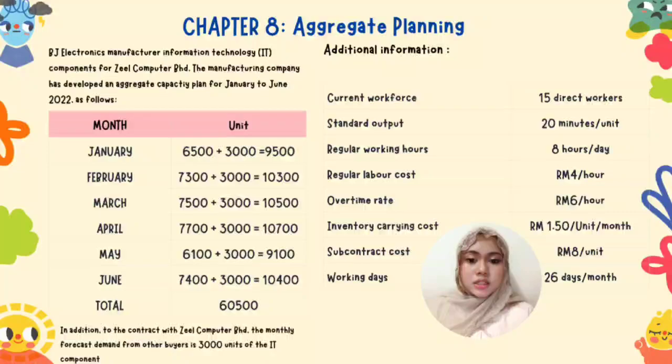The original amount for January is 6,500 units, but the monthly forecast demand from other buyers is 3,000 units, so we need to add 3,000 for every month, from January until June. So the accumulated total for these 6 months is 60,500 units.